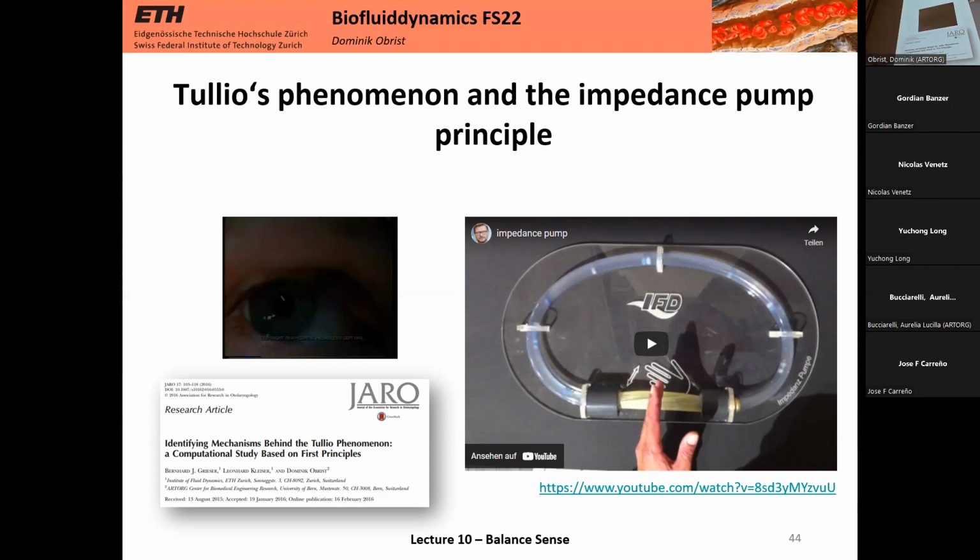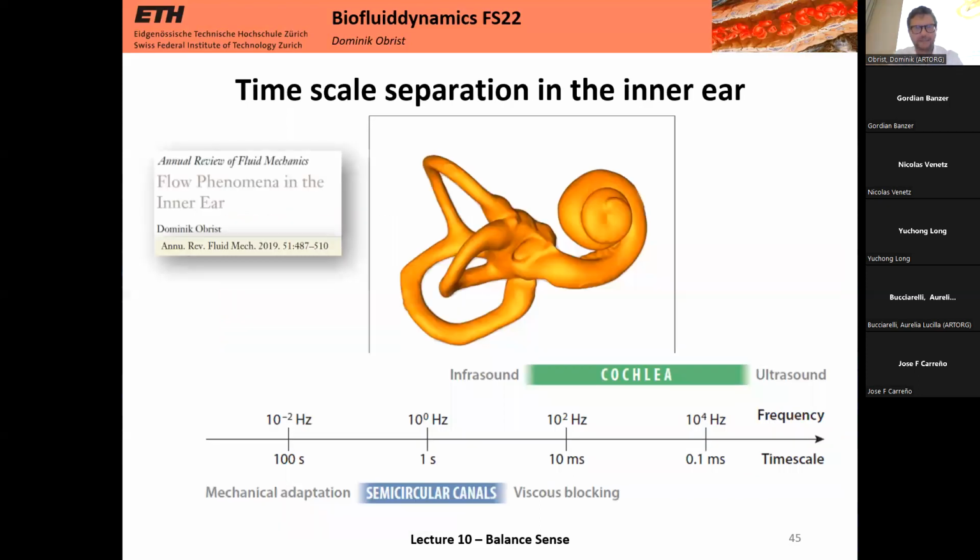So this is just showing you that there's a lot of really cool phenomena going on inside the inner ear. And this also explains, or maybe it doesn't completely explain, but gives you an idea how the semicircular canal and the cochlea can live next to each other unless there are some problems, which then leads to a sensory crosstalk.